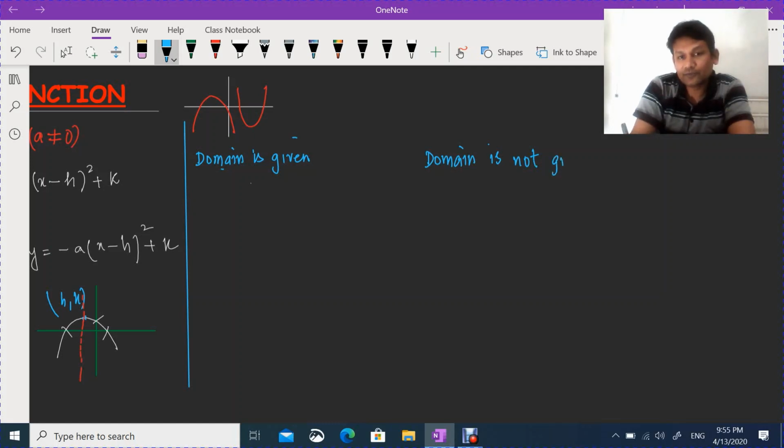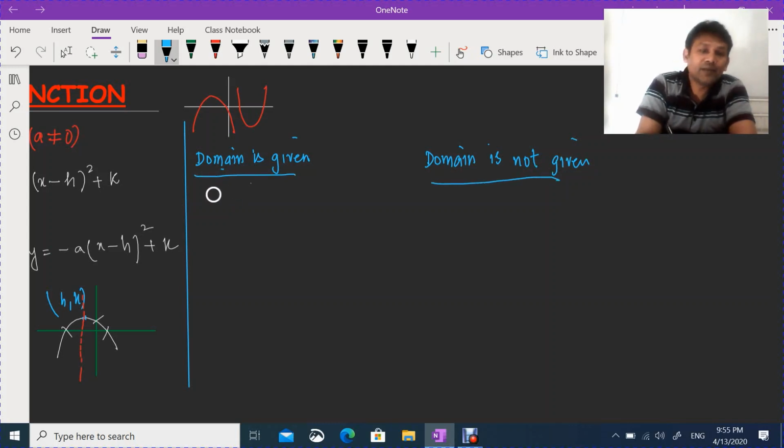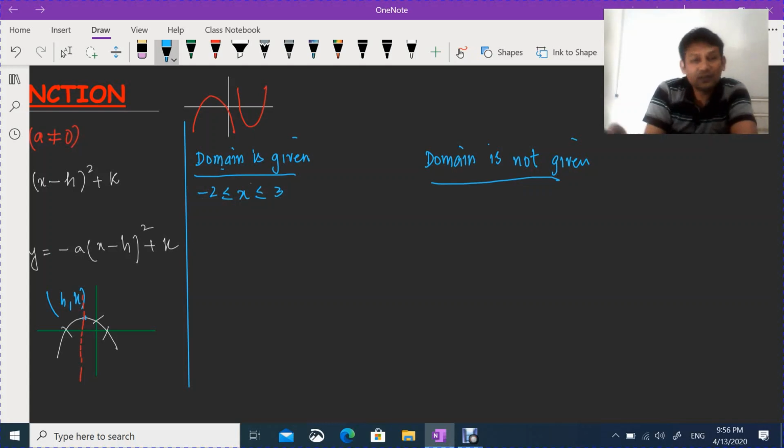When the domain is given, it means you can have a question where the value of x is given from -2 to +3, and here no domain is given. The domain means the range of values of x is given, from -2 to 3, but if there is no domain, it is unlimited.